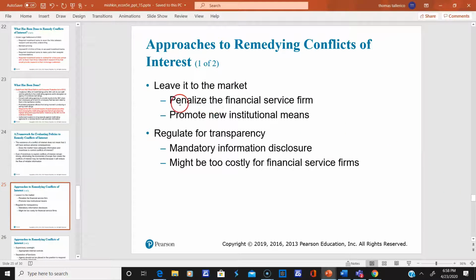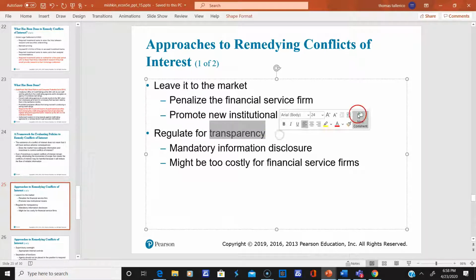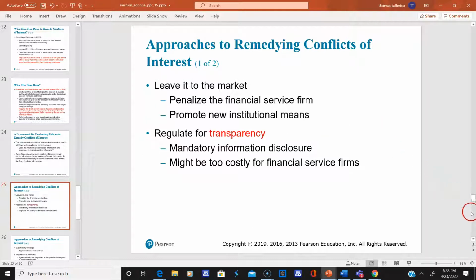And basically, penalizing the financial service firm and promoting new institutional means, and transparency is the magic word here. You've got to have transparency and good information that's available to all, and not have a lot of the services combined with each other.